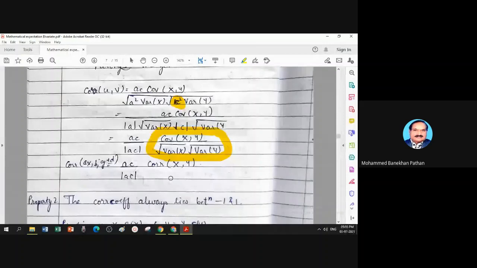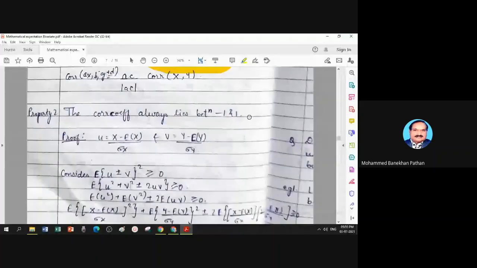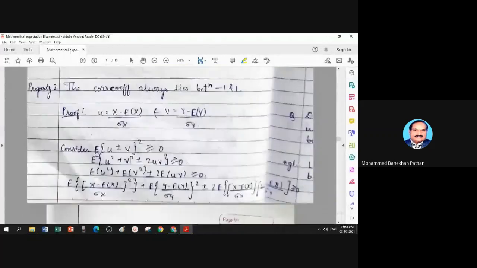Property number 2. The correlation coefficient always lies between minus 1 and plus 1. Proof. Suppose I define new variables U equals X minus EX divided by sigma X, V equals Y minus EY divided by sigma Y. Then I take the expected value of U plus or minus V whole square greater than or equal to 0.